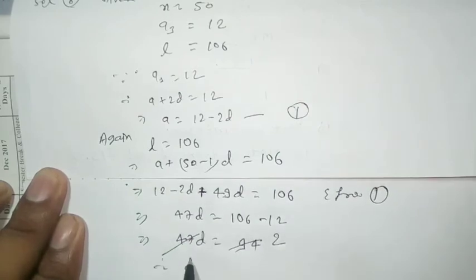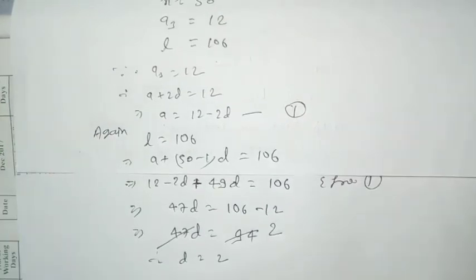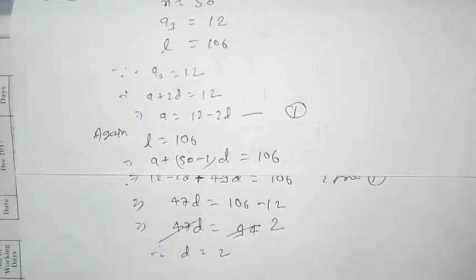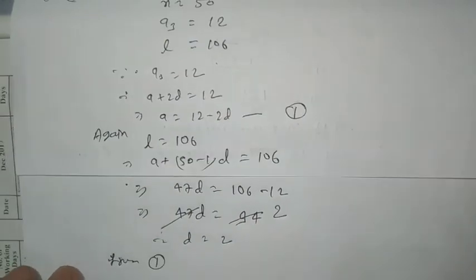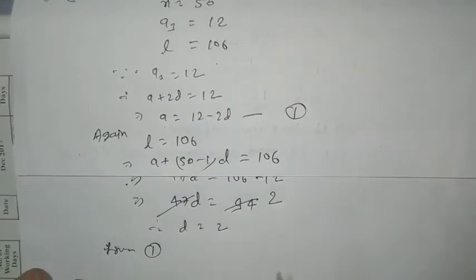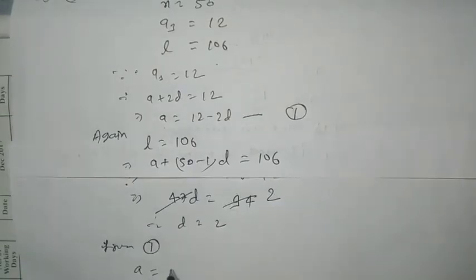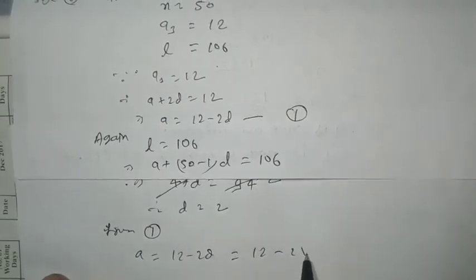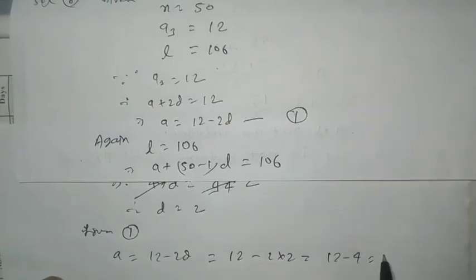Therefore, D is equal to 2. Now, we have to find the 29th term. So, first we put the value of D in equation 1. From equation 1, A is equal to 12 minus 2D, is equal to 12 minus 2 into 2, putting the value of D. So 12 minus 4 is equal to 8.